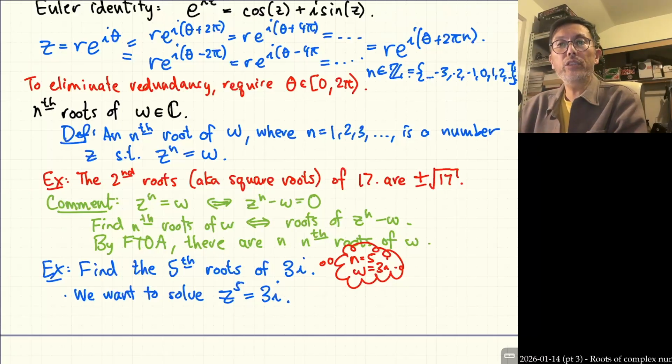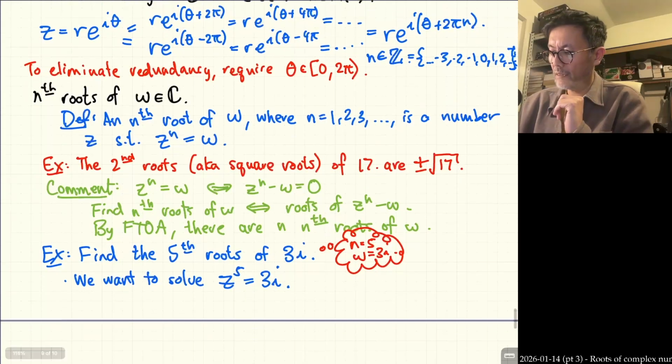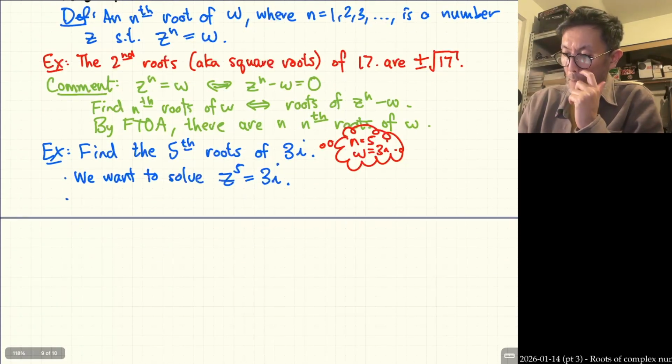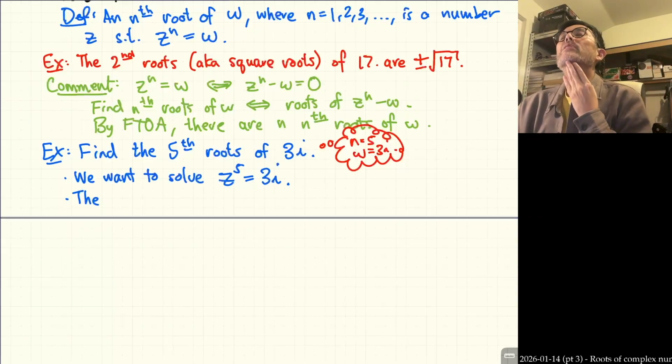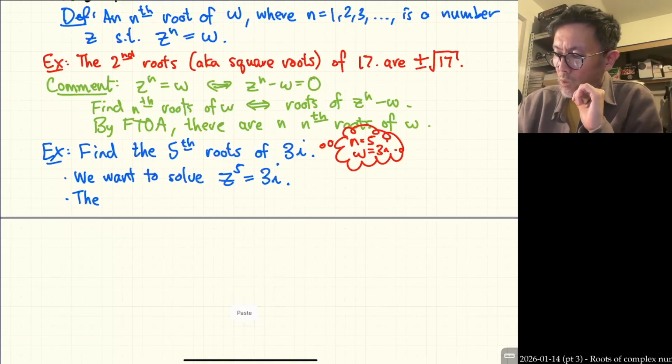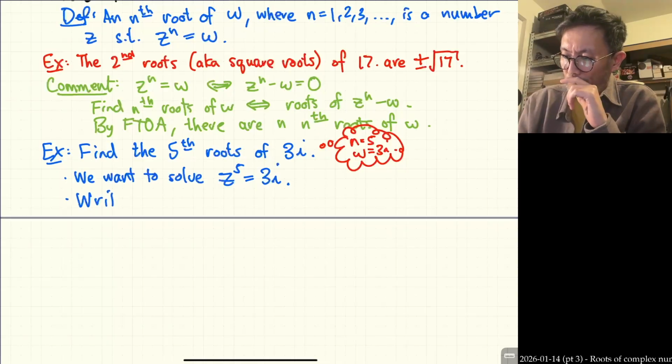Such solutions to this equation are the fifth roots of 3i. Okay. The polar form. Let's say, suppose the polar form. Write the polar form of z.